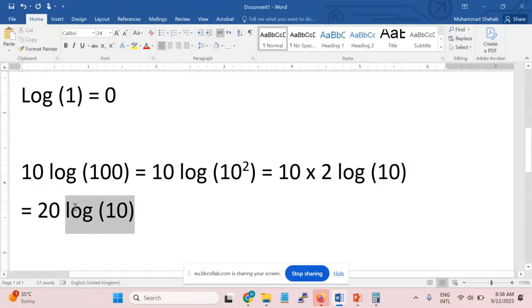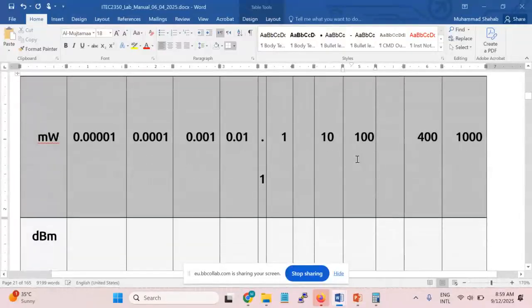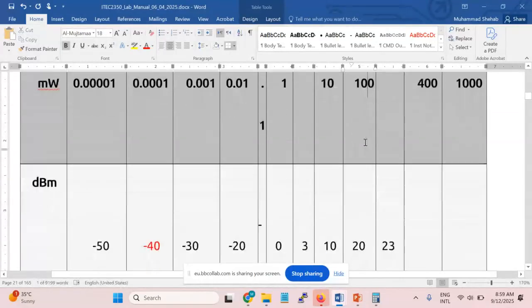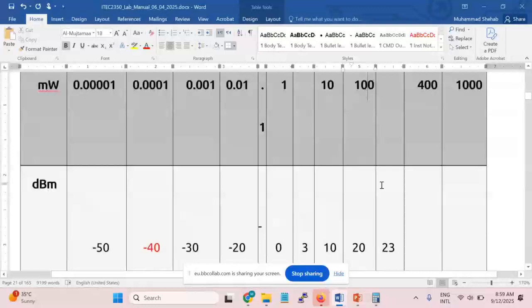And log 10 always equals 1, which equals 20. So if the power in milliwatt is 100, in dBm it will equal 20.